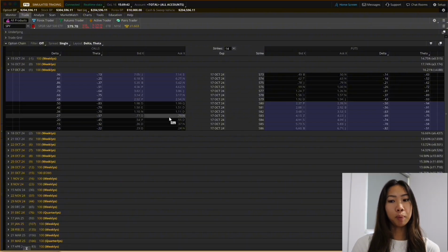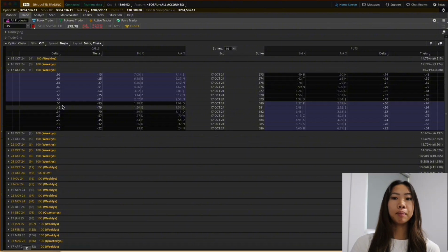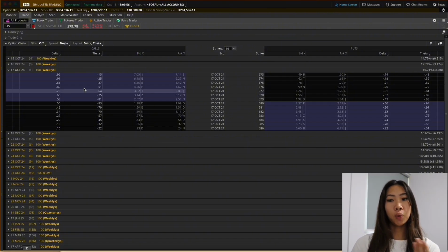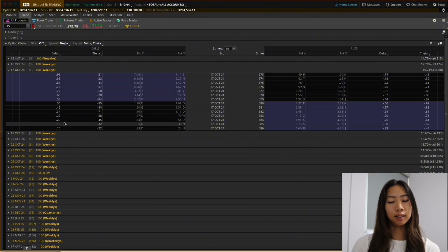So the more contracts you buy, so this is $199, if you buy 10 contracts, then over here it would be $50 from that one contract times the 10 contracts. So that will be $500. So whatever you have here, times it by 100 and then times it by the number of contracts that you buy, and that will be your profit here, delta.